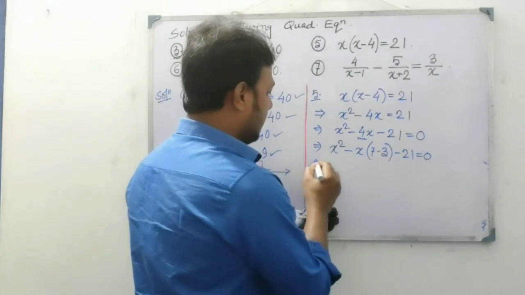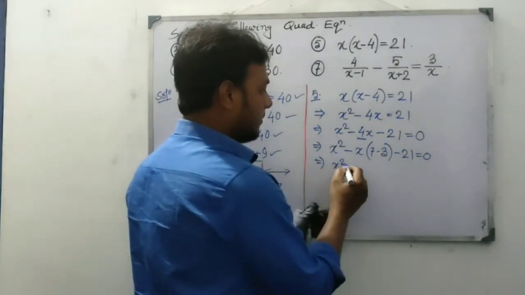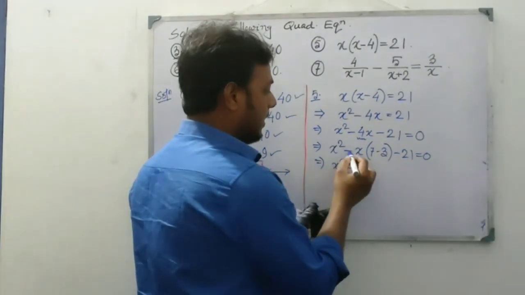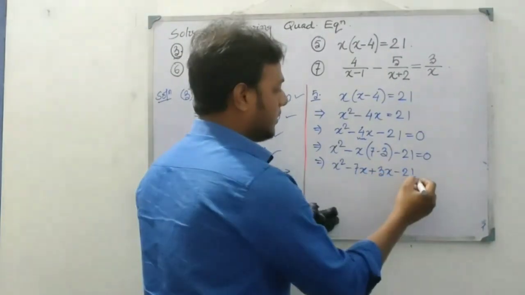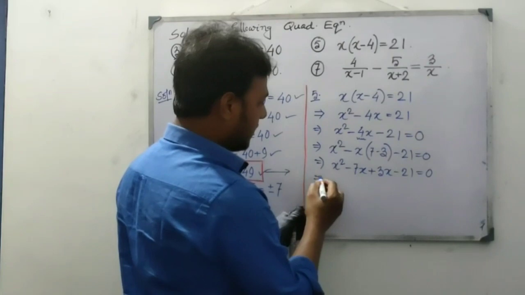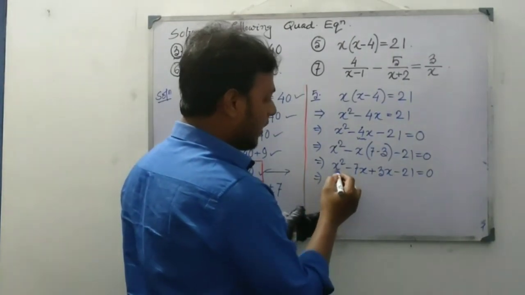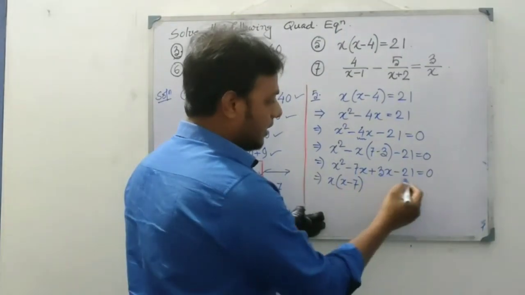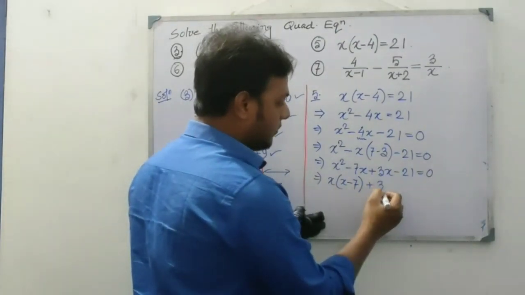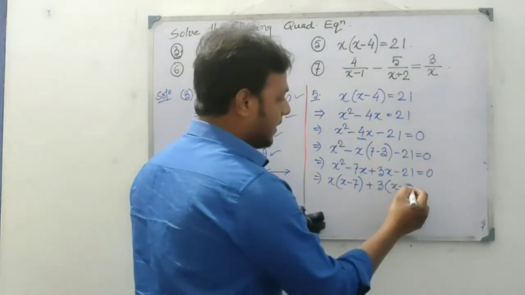This implies x square minus 7x plus 3x minus 21 equals 0. If we take common x from the first two terms, it will be x minus 7, and from the last two terms we take common 3, and again we get x minus 7.